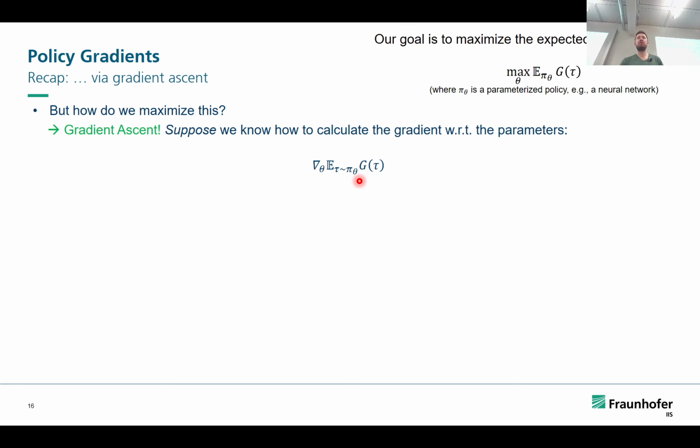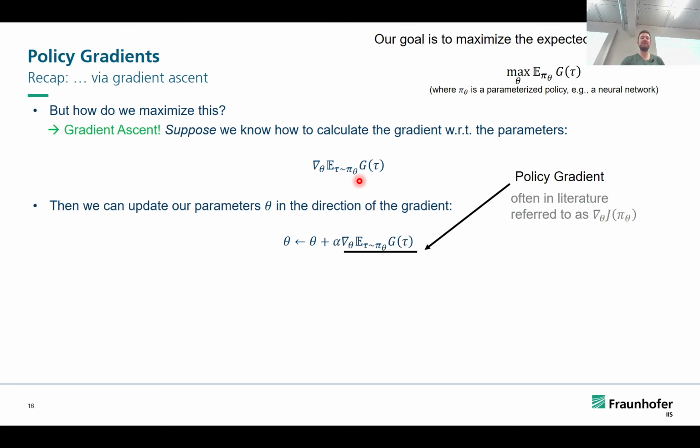How we can do that for quantum circuits we will see a bit later. But basically, as soon as we have the gradient, we can just use some gradient ascent methods. We also call this typically the policy gradient, and then basically just update our parameters in the direction of the gradient. So that's the idea there.